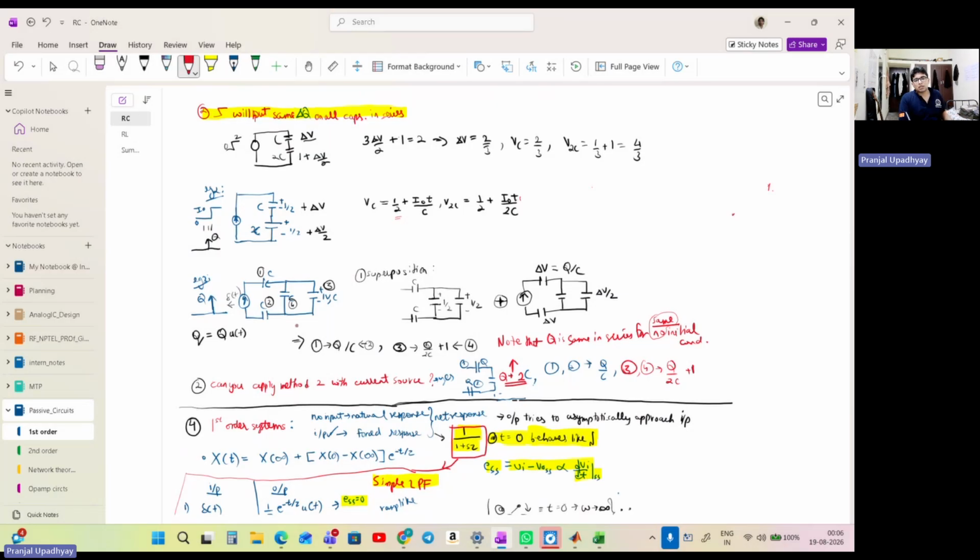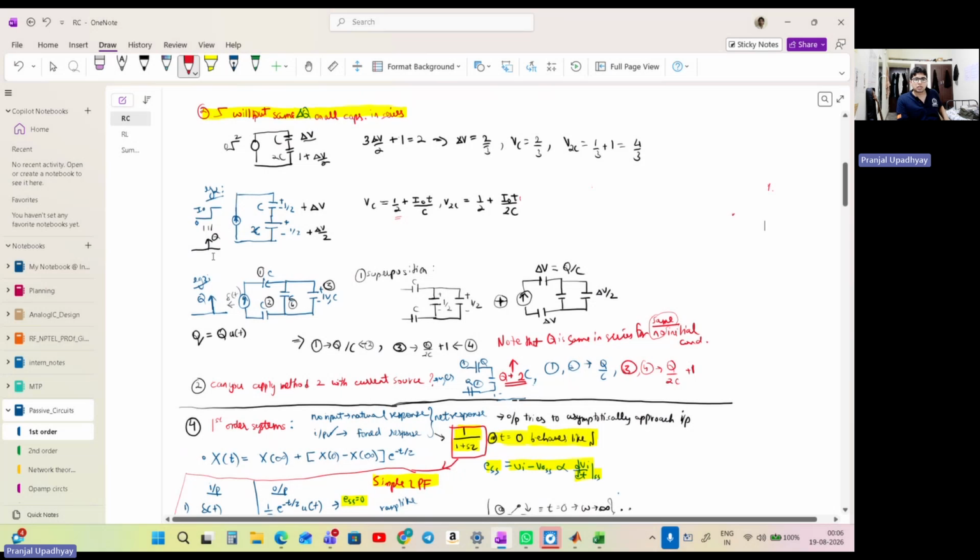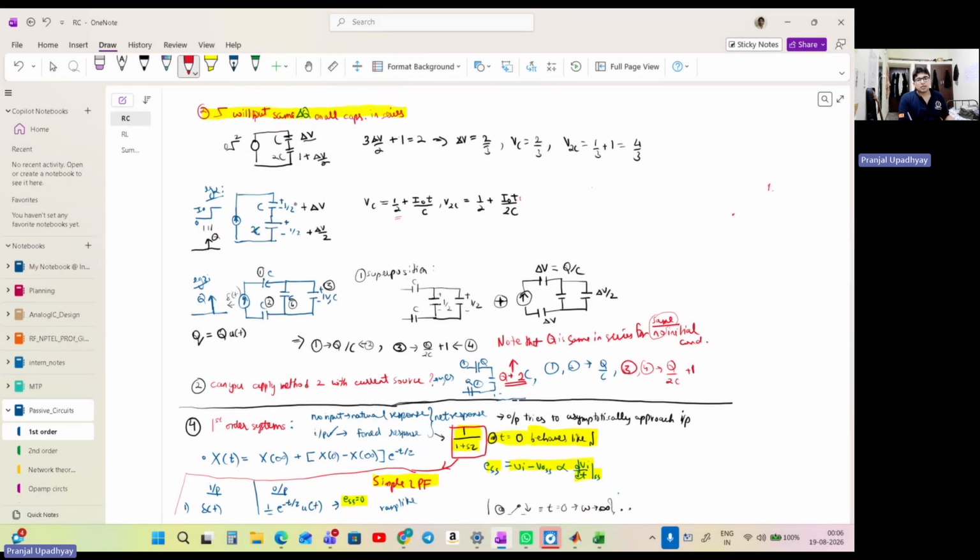Like these two capacitors will experience the same charge across them, right? So by this we could have basically solved this question, right? So that is the main idea. Here also the same idea applies, that if I would have applied an impulse of current, it would again have induced the same charge over these two guys.